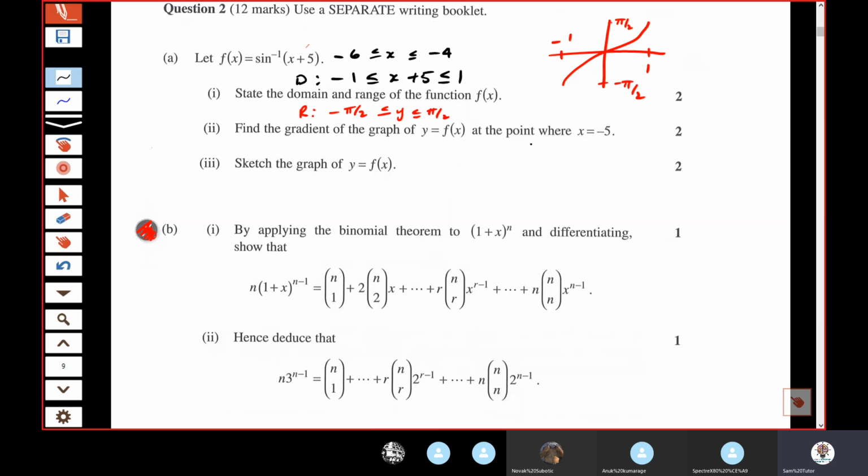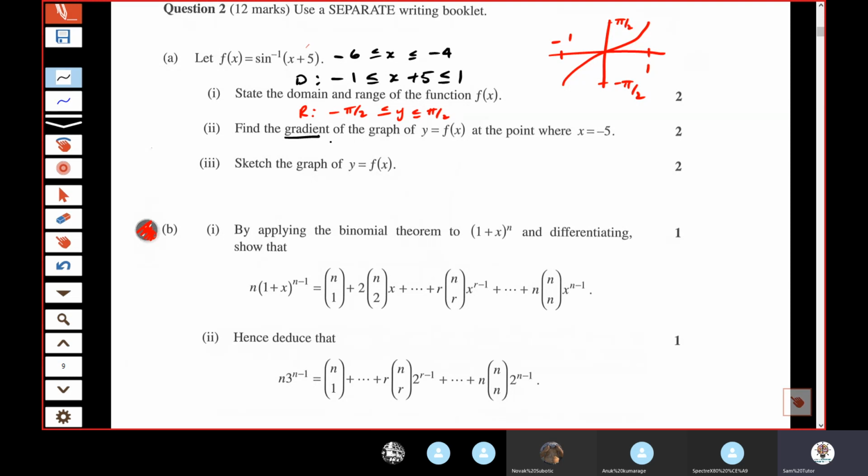Find the gradient of the graph at the point where x equals -5. Gradient, what are we going to do? Hold on.